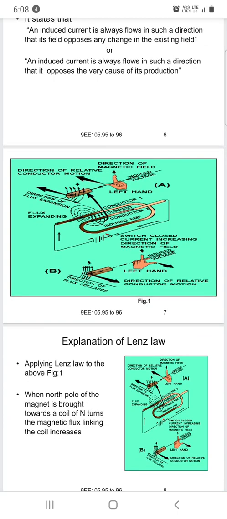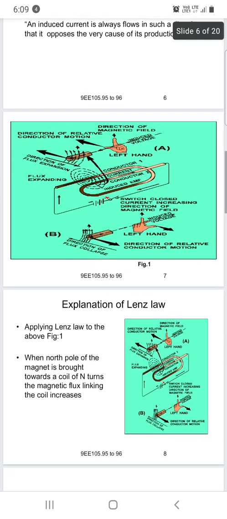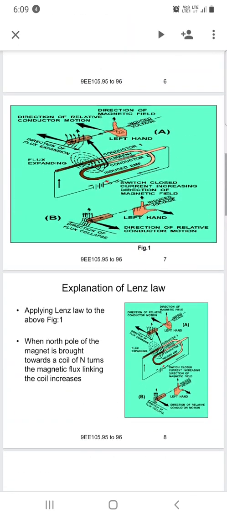This figure indicates the direction of current and induced EMF produced. You have to observe this figure.